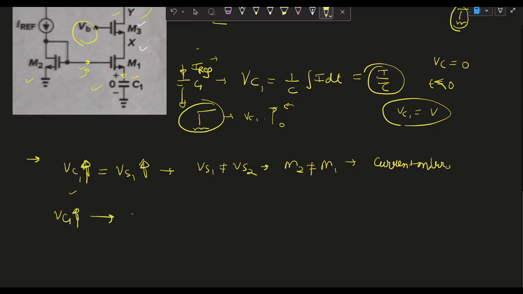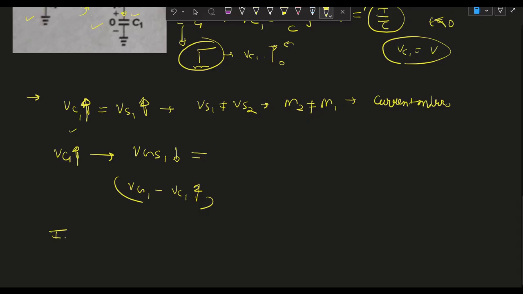If VC1 is increasing, then VGS1 is decreasing, as VG1 is fixed and VS1 is VC1. So with VC1 increasing, overall VGS1 is decreasing, and the MOSFET M1 is in saturation. For the current equation, ID is half mu n Cox W over L times (VGS minus VTH) squared.